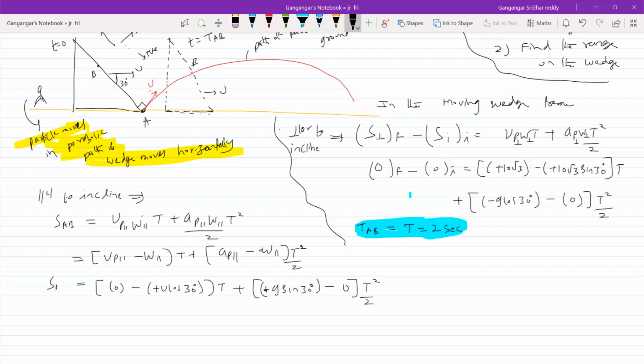So this is what? S_AB. So S_AB is equal to minus u, u is how much? 10 root 3, root 3 by 2, time of flight 2, plus this will be 10 by 2, t square, 2 square by 2. Anybody, the value?